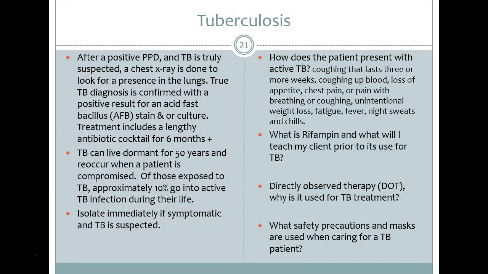So please be aware that TB can be in a patient's body and yours as well for up to 50 years without becoming a problem. So it can live dormant in your body for 50 years. Usually if that happens, we'll see TB come out when the patient has some other problem and their immune system is compromised.